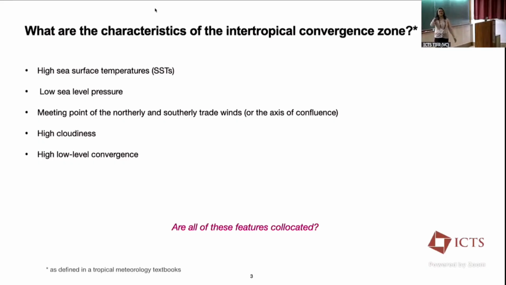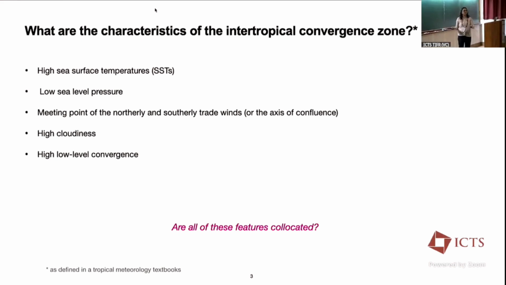Yeah, exactly. So if you were to plot the zonal mean and think of a single basin, or even eastern basin versus western basin, you think they would all be co-located? Yeah, okay.